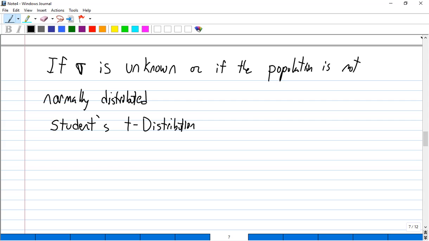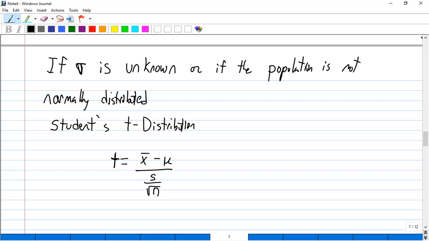So all the stuff that we've been doing with the Z scores and those Z tables goes out the window. Okay? A T value is equal to x bar minus mu divided by S over the square root of n. So it's not a Z value anymore if the population standard deviation is unknown. It is a T distribution.